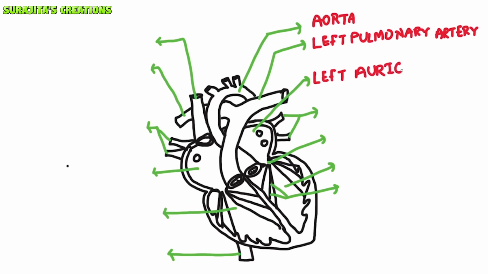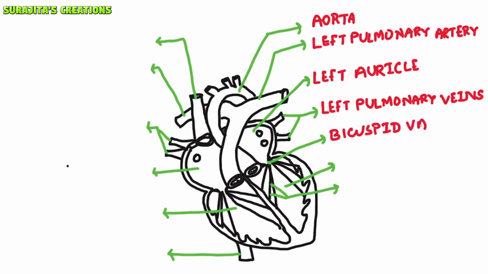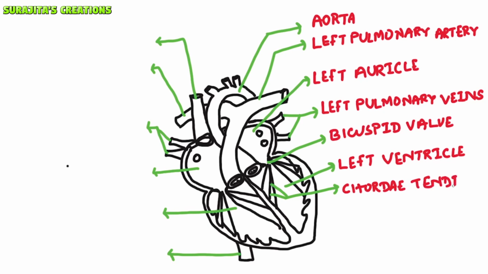This is left auricle, left pulmonary veins. These are 2 in number. Bicuspid valve. This is the left ventricle. The chordae tendineae, the cord-like structures.